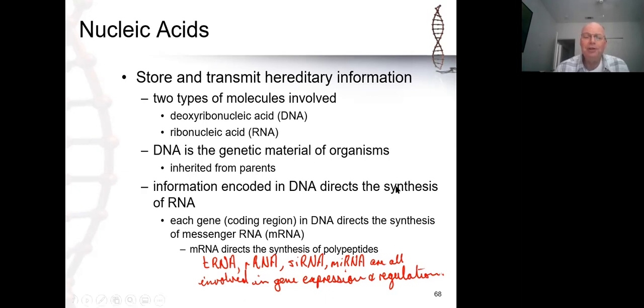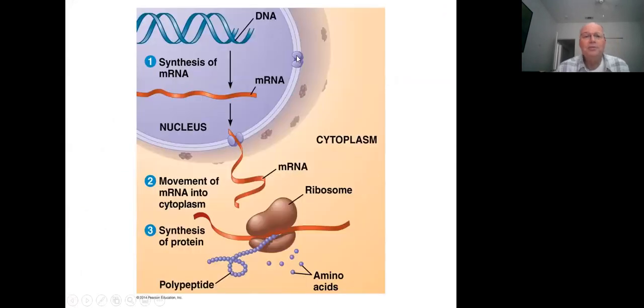We don't get into that in this class. But again, if you're going on to take more advanced biology classes, and particularly biochemistry classes, you're going to learn a whole lot more about those little RNA molecules and their role in regulating gene expression as you take those classes. So this is the flow of information that we recognize, sometimes referred to as the dogma of molecular biology.